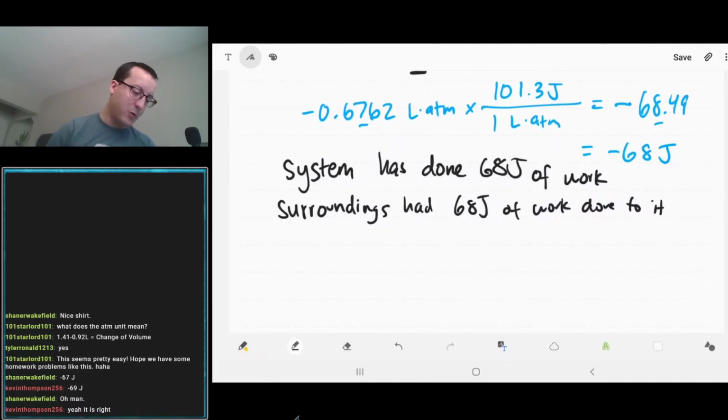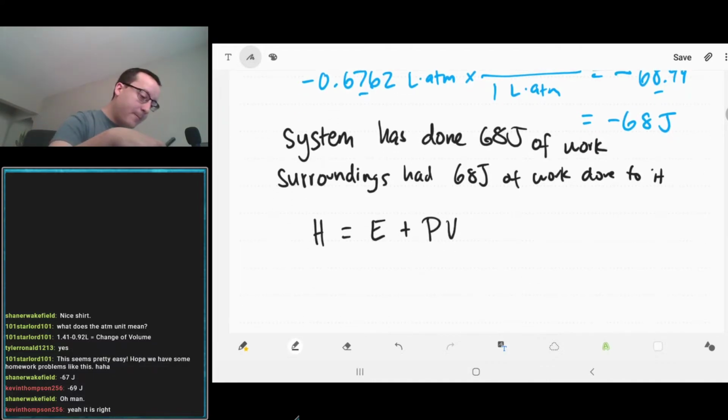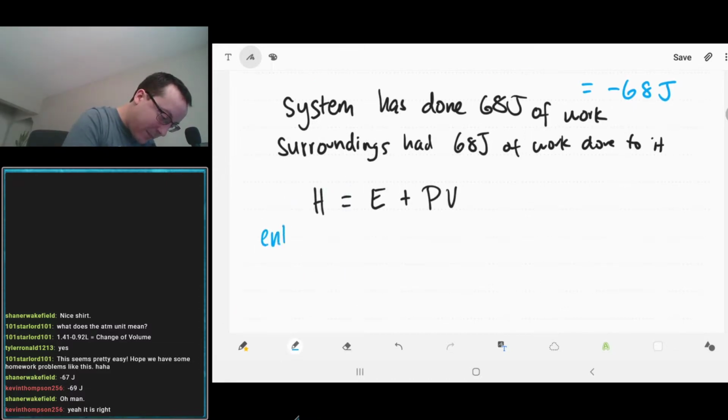Okay, so more definitions. We have another term that we're going to talk about, which is pressure times volume. H is called the enthalpy, and that is a measure of thermal energy.